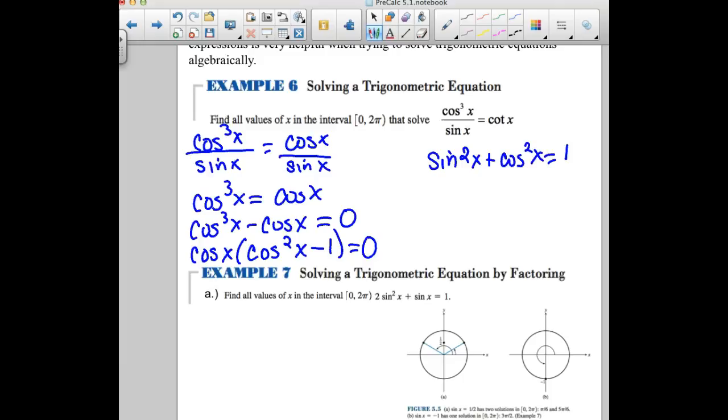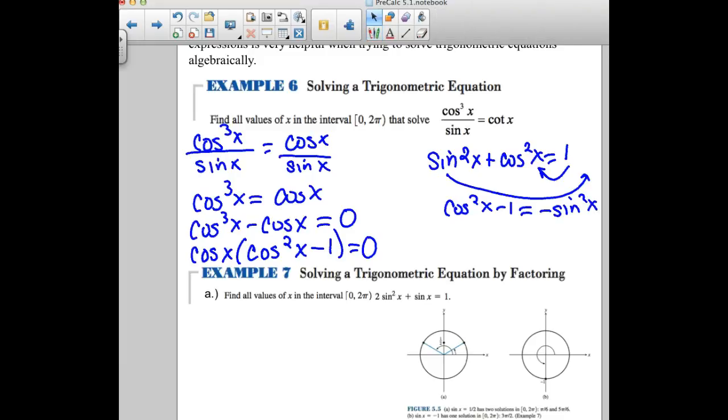So if I want cosine squared minus 1, I have to bring the 1 to the left side, and that means the sine squared is going to have to go to the other side. So I end up with cosine squared x minus 1 is equivalent to negative sine squared x. So I can do a replacement and write this as negative sine squared x.